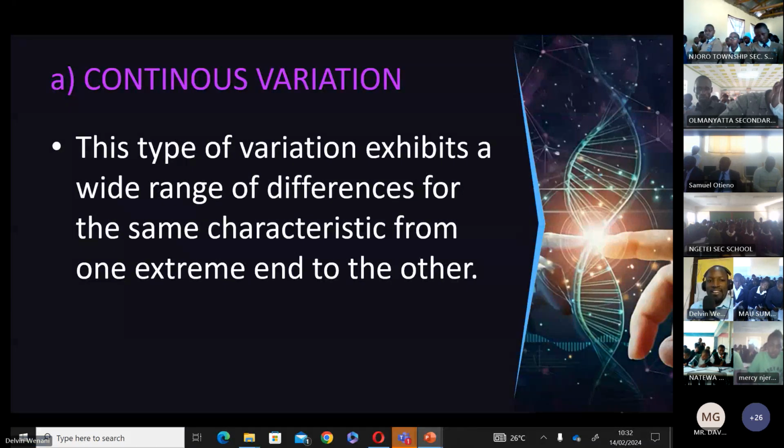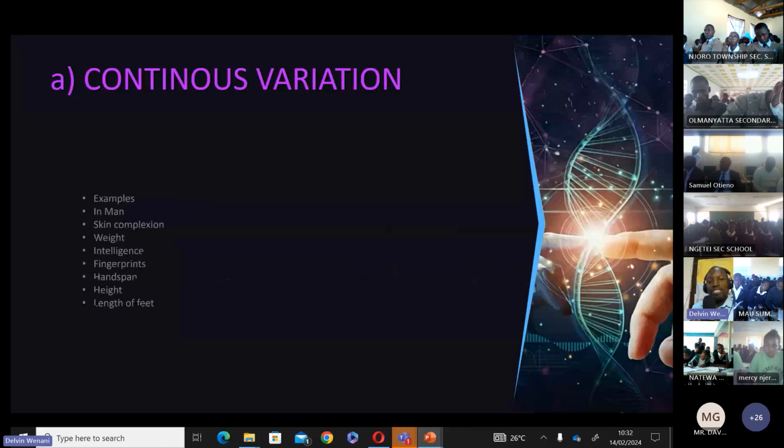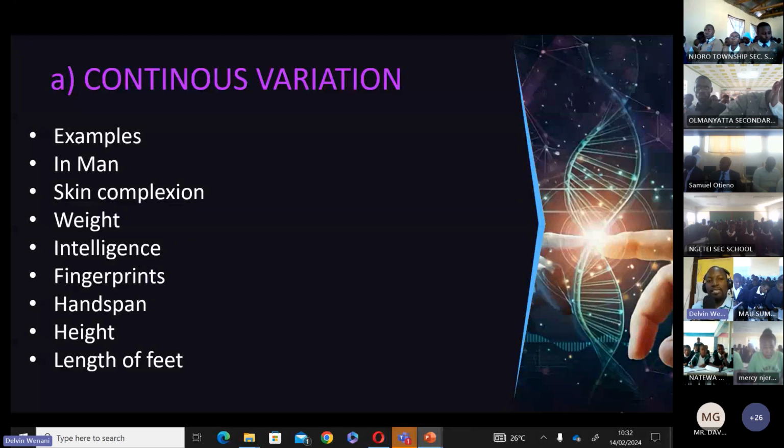In a given community or given family, look at the skin complexion. I'm sure if I ask you to look around your classroom, you'll be able to see people with different complexions of skin. There are those who are brown, those who are dark, and those who are chocolate.